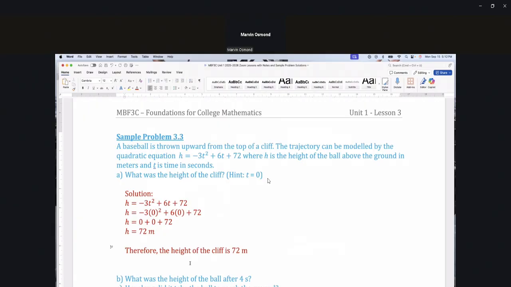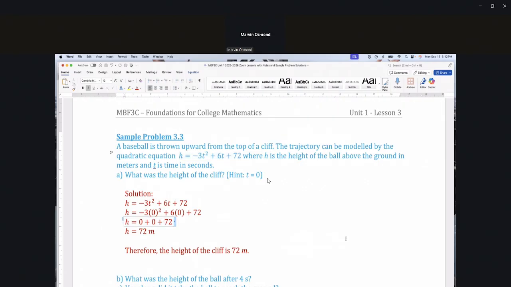Okay, now, and again, as we mentioned earlier, this form of the equation here, this part right here, the only thing we get from this equation is the y-intercept, which is 72, and that would be here, 72.